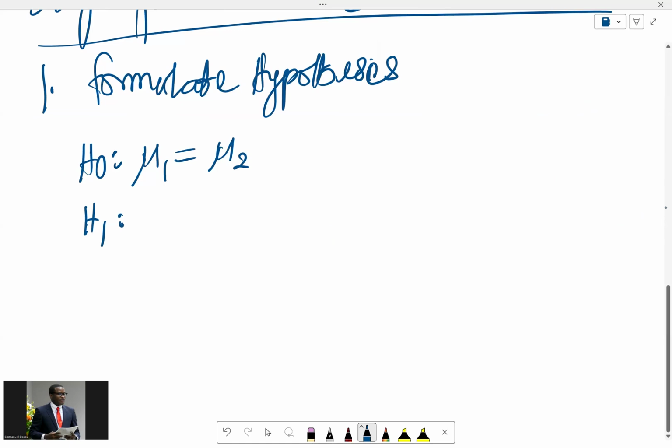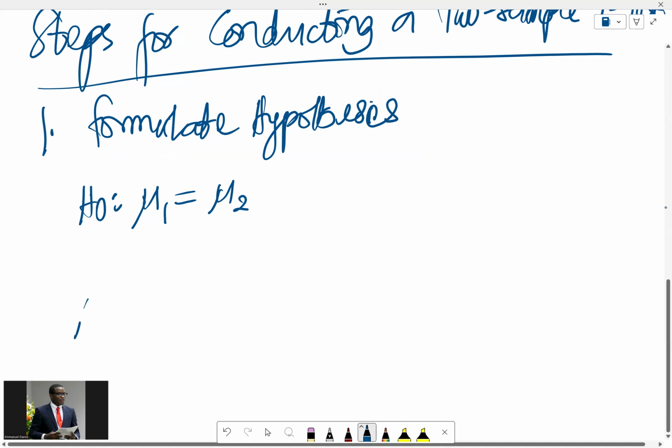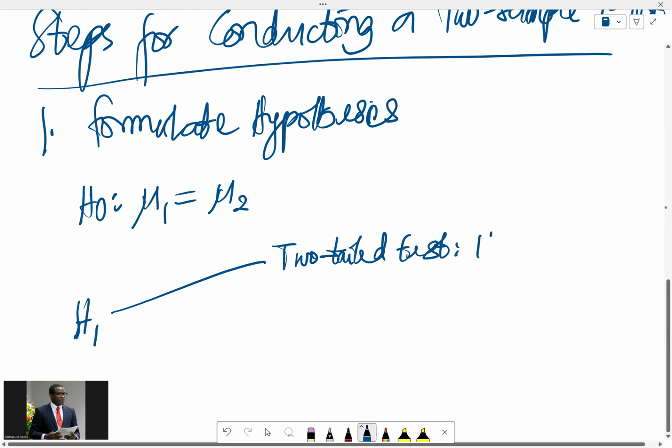The alternative hypothesis H1 is in two ways. It could either be a two-tailed test. If it is two-tailed, H1 would simply be that mu1 is not equal to mu2.